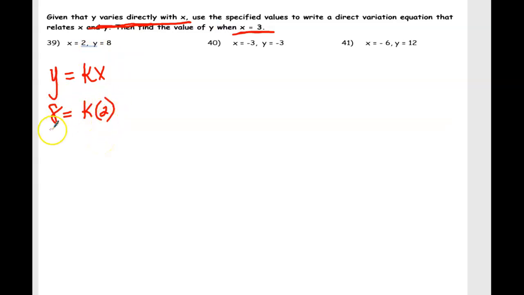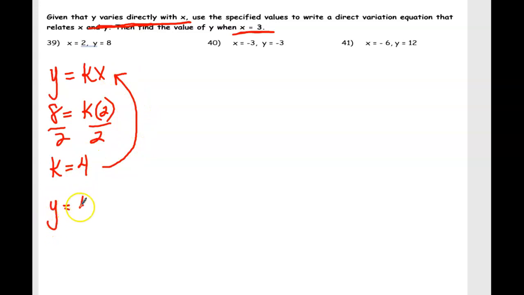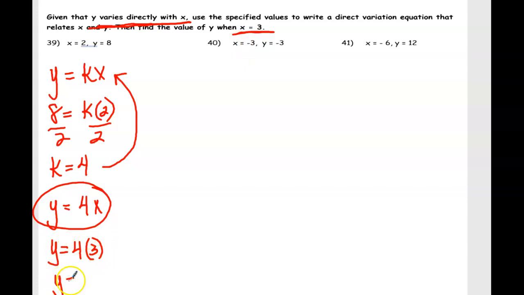We're going to divide both sides by 2 and get our k is equal to 4. Once we get our k, we plug it back in, y is equal to 4x. That's our first answer. Now we make our prediction. When x is 3, our y is equal to 4 times 3, and our y would be 12.